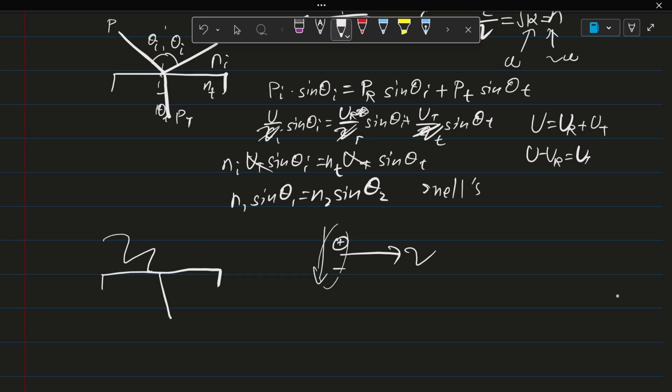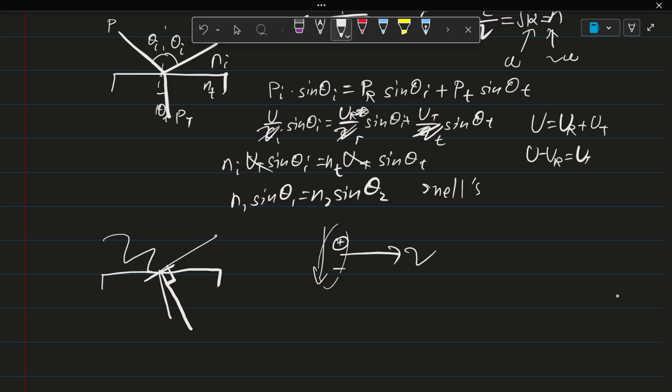If we shine light, or this AC electric field, the alternating electric field, we could have it oscillating something like this, such that this will be 0, and this will be literally perpendicular to this reflected light.